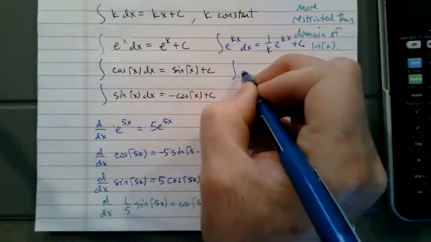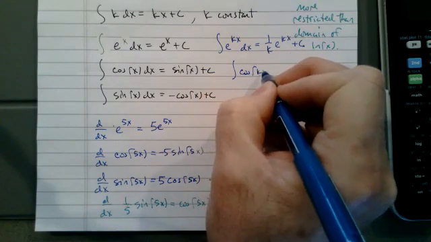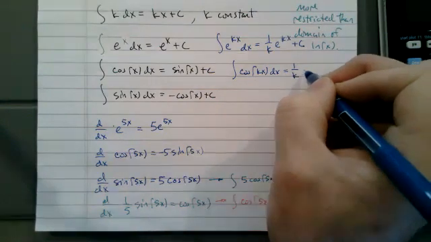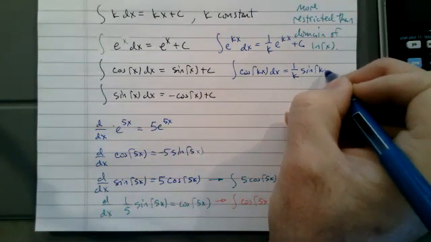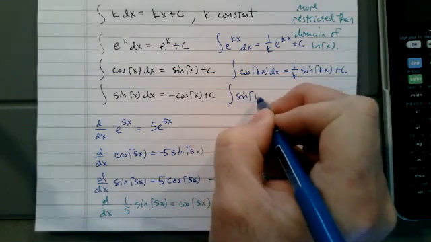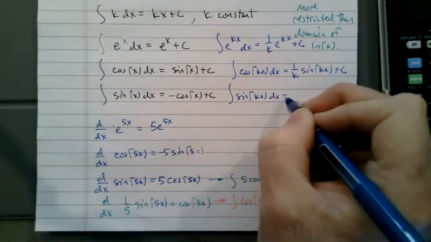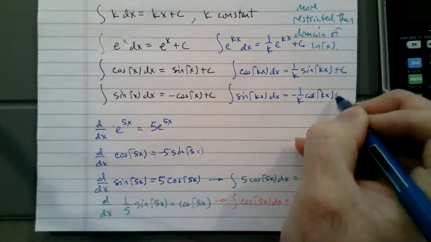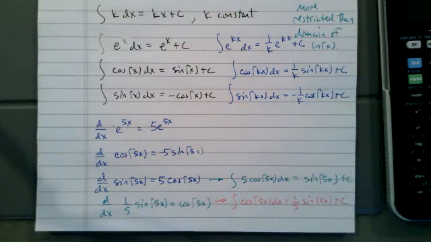The integral of cosine of kx dx is 1/k times the sine of kx plus c, and the integral of sine of kx dx is minus 1/k times the cosine of kx plus c. That's how we can incorporate the chain rule, or more specifically, the anti-chain rule, in some of our basic derivatives.